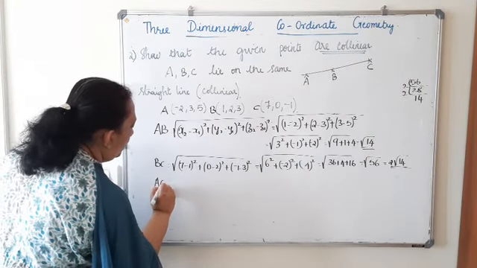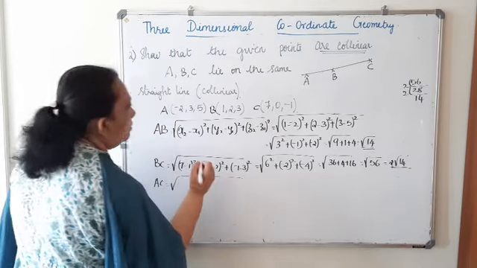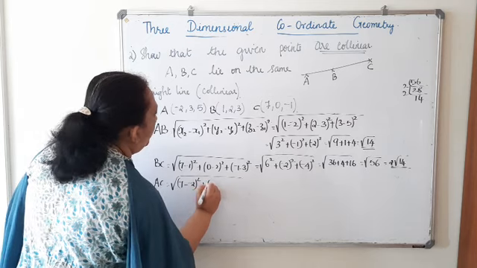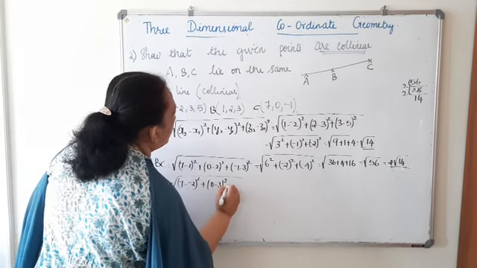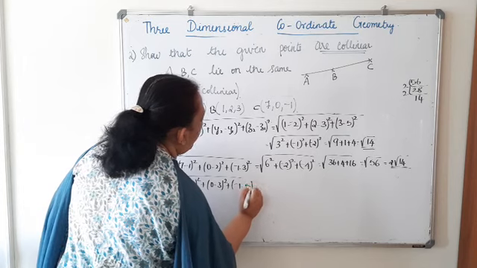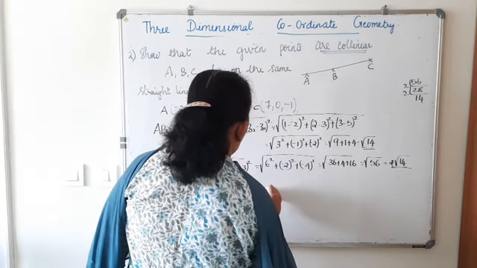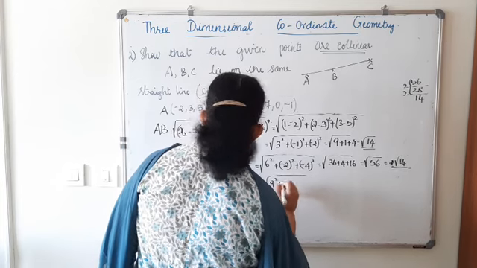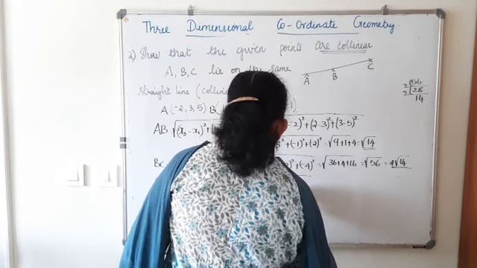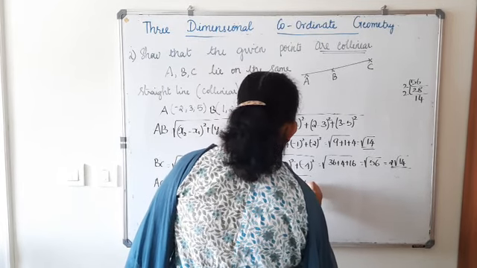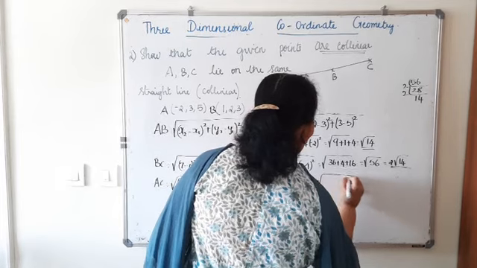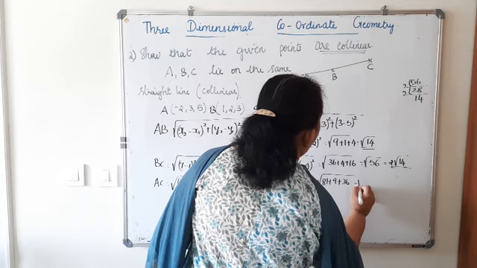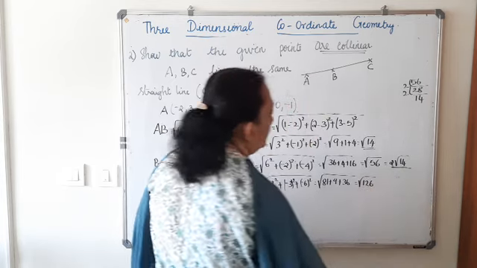Now AC is equal to root of (7 minus 2) the whole square plus (0 minus 3) the whole square plus (minus 1 minus 5) the whole squared, is equal to root of 9 squared plus (minus 3) squared plus (minus 6) squared, is equal to root of 81 plus 9 plus 36. 90 plus 36, 126.